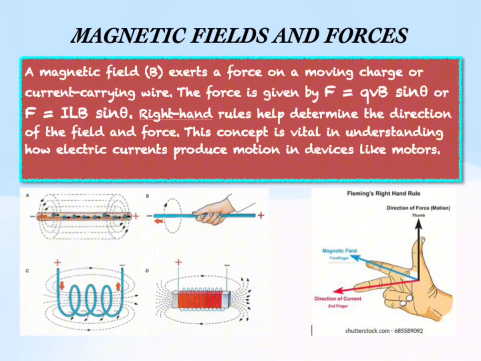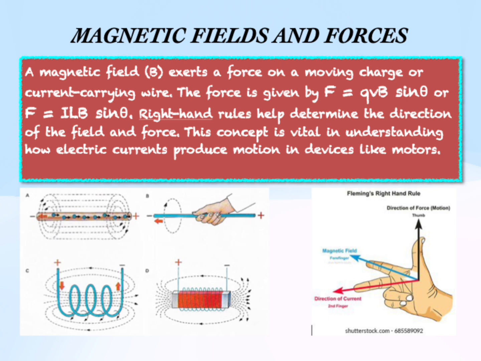Fields and forces. A magnetic field exerts a force on a moving charge or a current carrying wire. The force is given by F equals the charge times the velocity times the magnetic field times the sine theta.